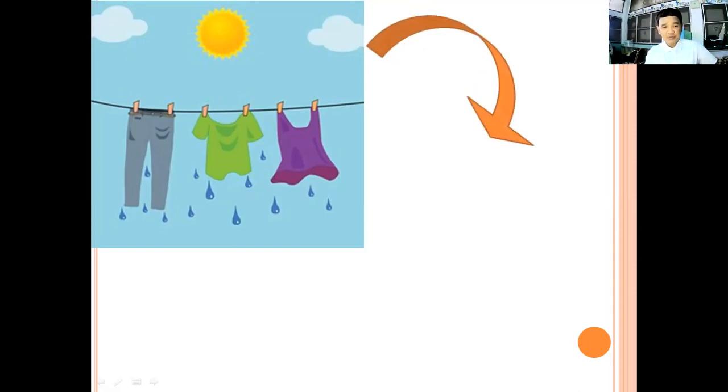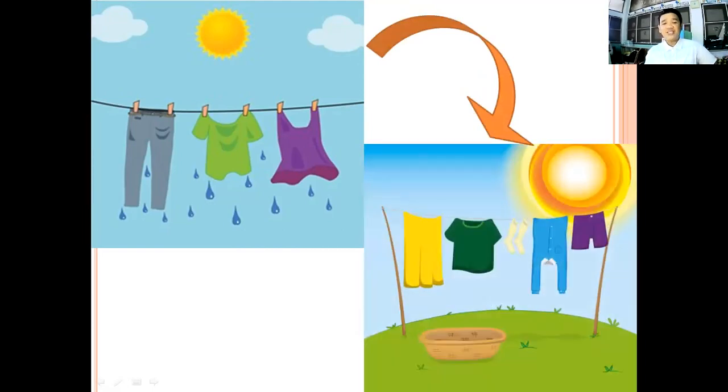They will be dry. So that is a prediction, because you know what will happen in the future, from the present to the future. You guess from the present, which is that your clothes are very wet, that after an hour your clothes will be dry because of the sun. All right, so that is prediction.